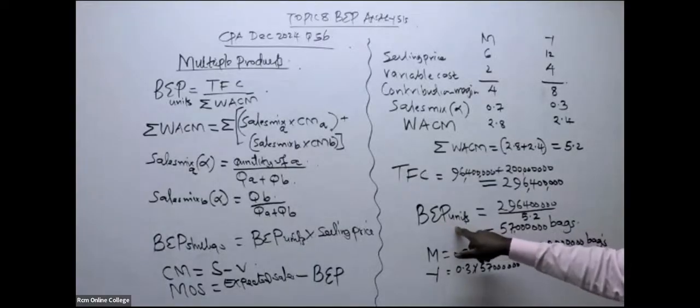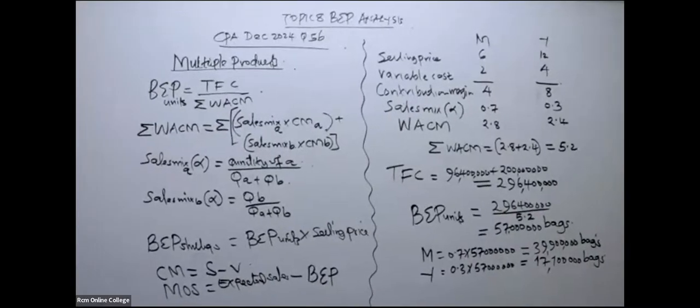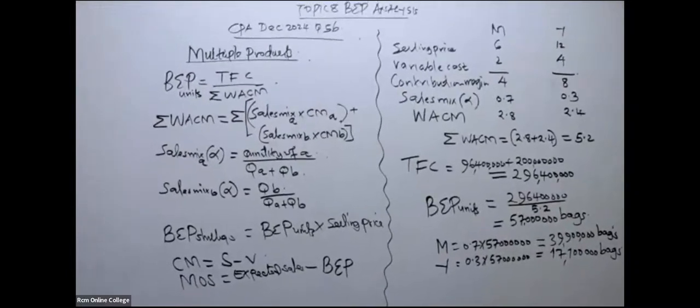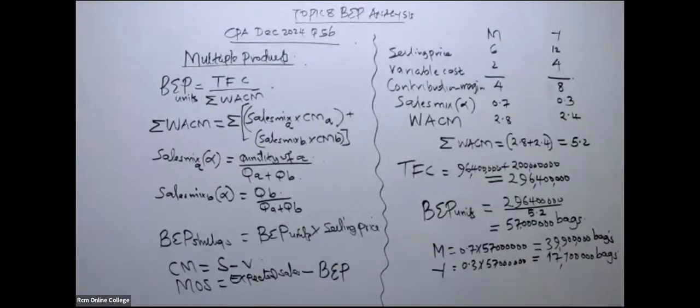Break-even point in units. It is in bags. We are going to get our break-even point in shillings. If you are told to give the break-even point in shillings, we go ahead and get the number of units that will give us break-even point, and we multiply by the selling price per unit.